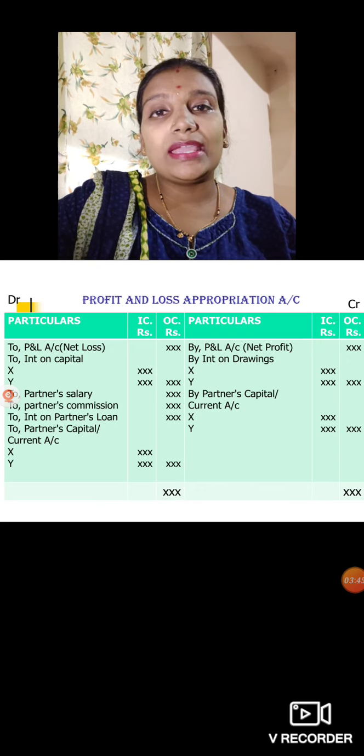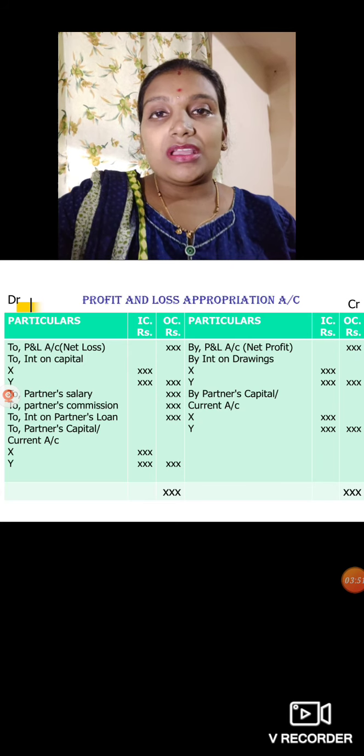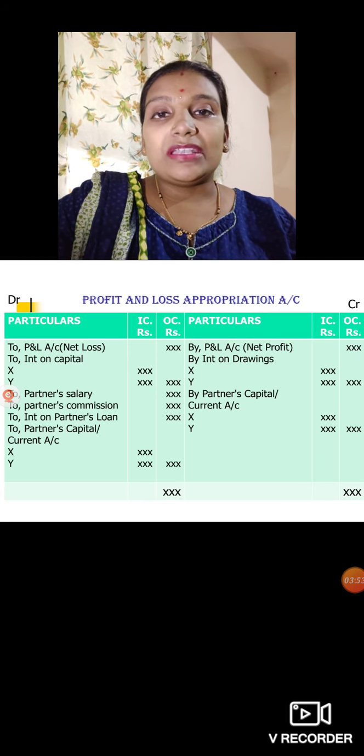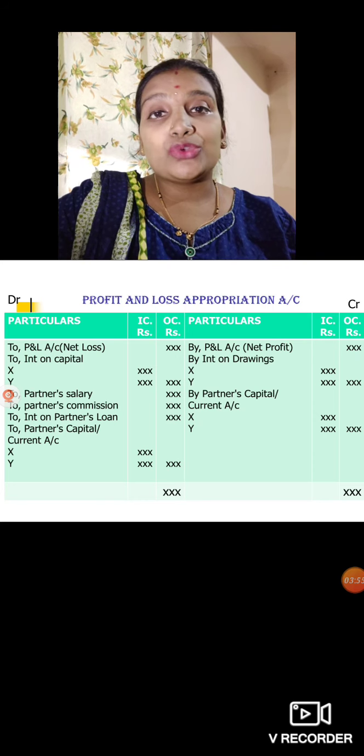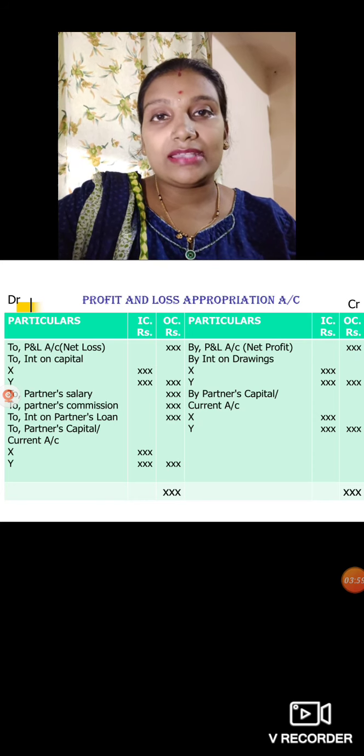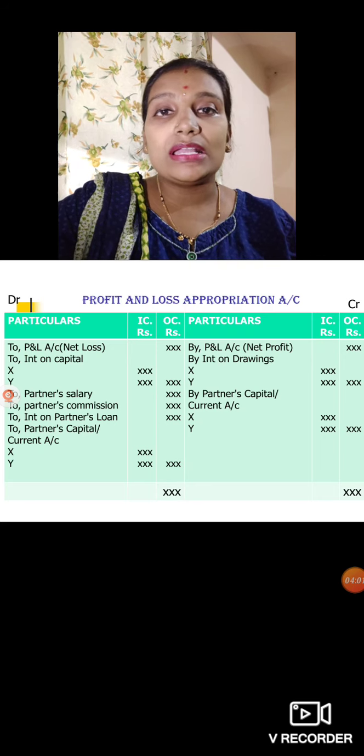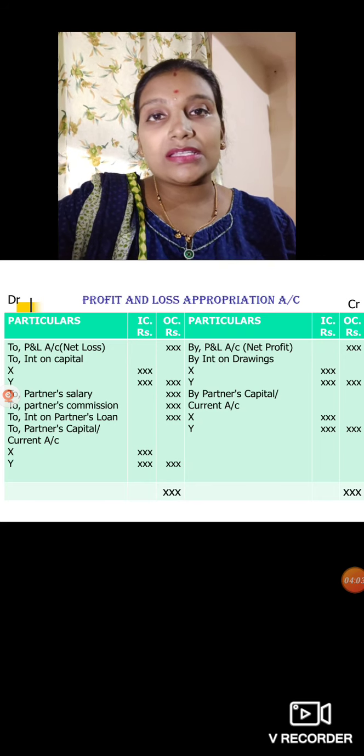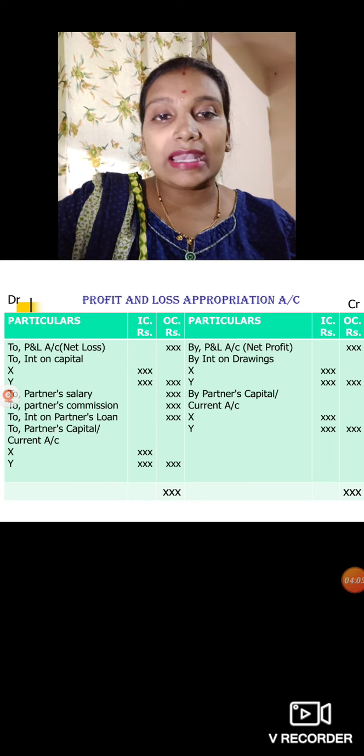If you get a debit side balance, means the credit side is more and the debit side has less amount, it will be transferred to partners capital account or current account. Whether it is a profit or loss, we will transfer it to partners capital account or current account.